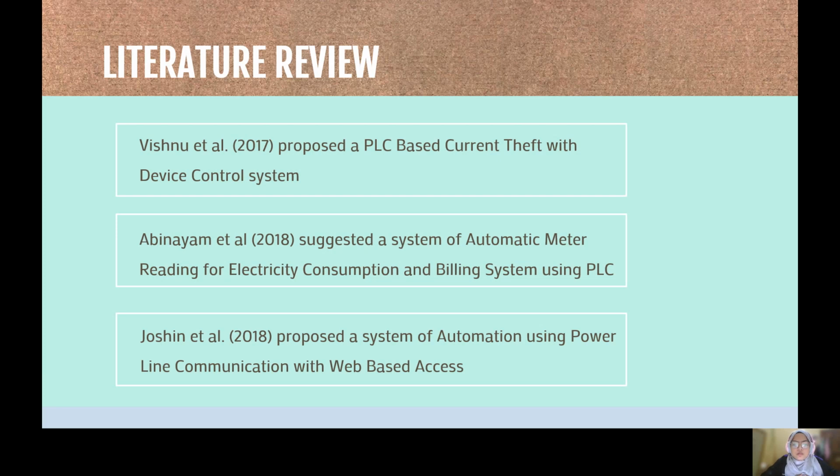The concept was a PLC-based current theft detection with device control. The master circuit, which is the transmitter, and the slave circuit are also included. A mathematical model is applied in the program part to calculate the power level of the PIC microcontroller in the circuit to determine whether it is a theft or not.